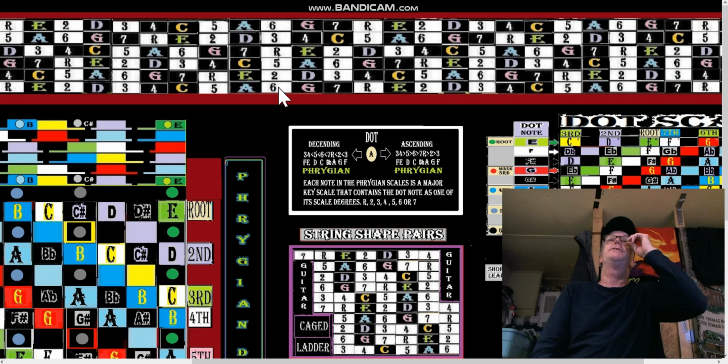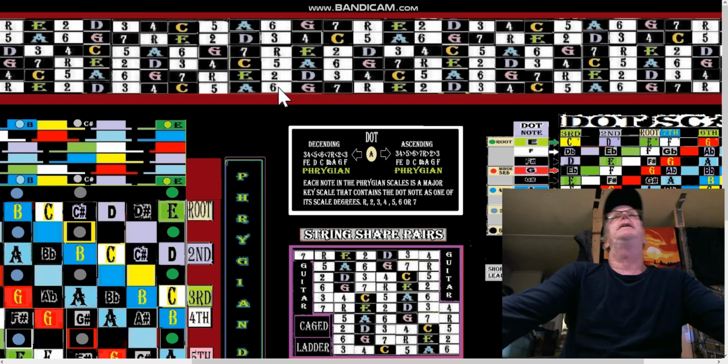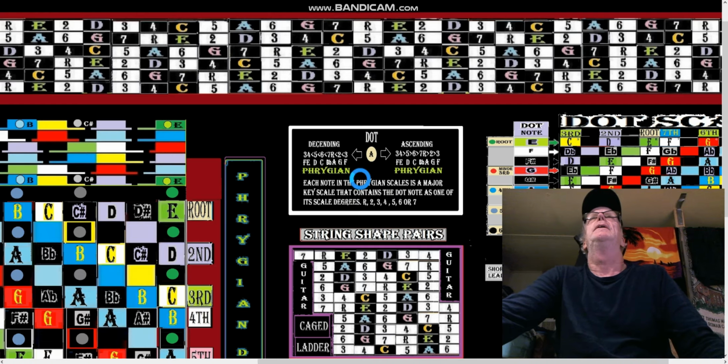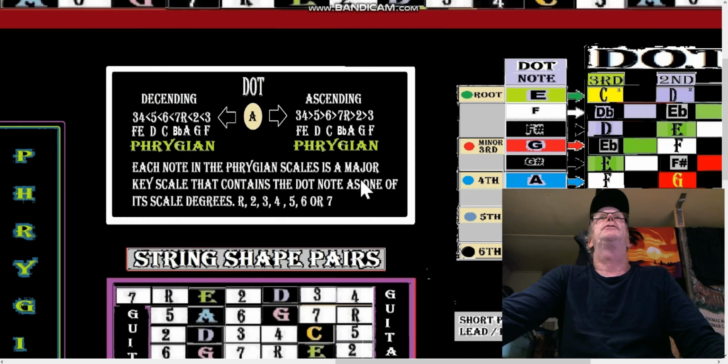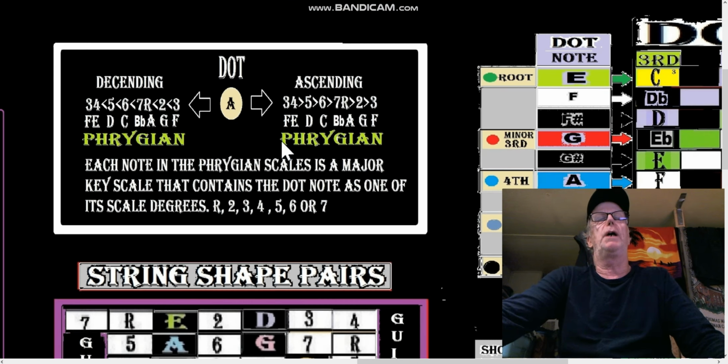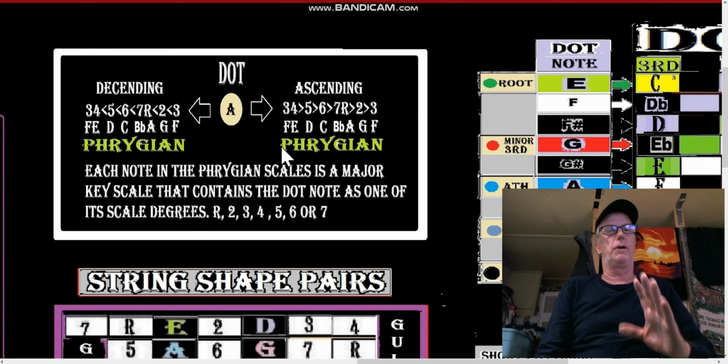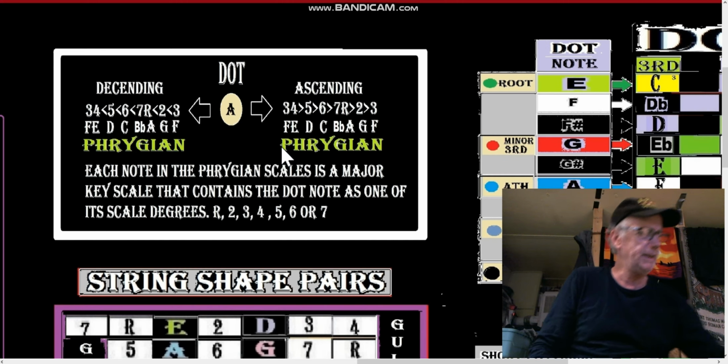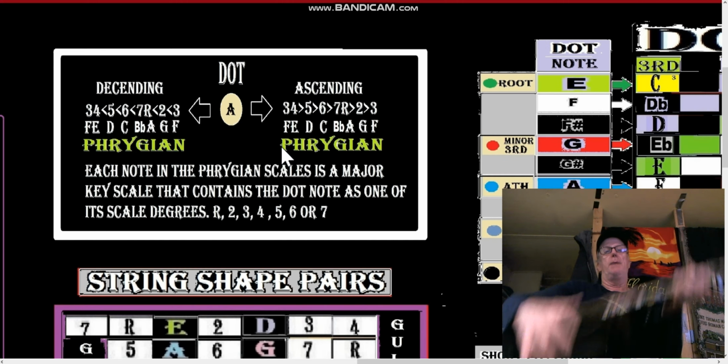So that's what the dot scale is, and it should become obvious after a while. You're not going to get this concept right away. The point is, how many options do we have, say, when you're playing the G dot? Okay, what is that G?